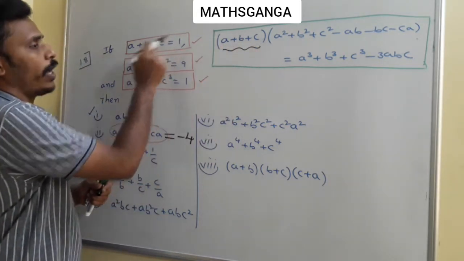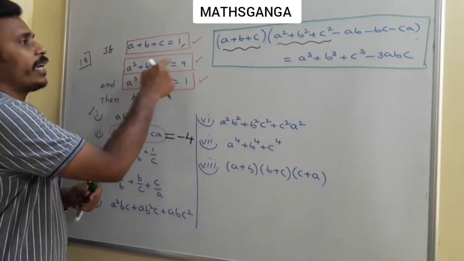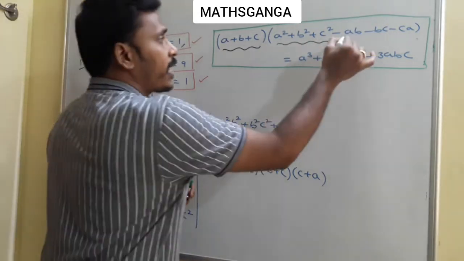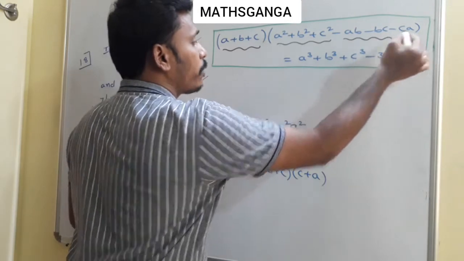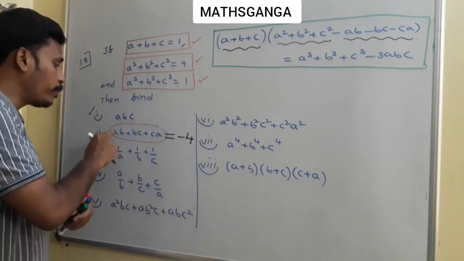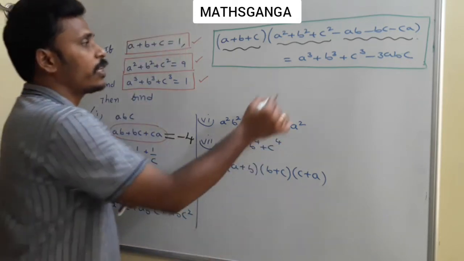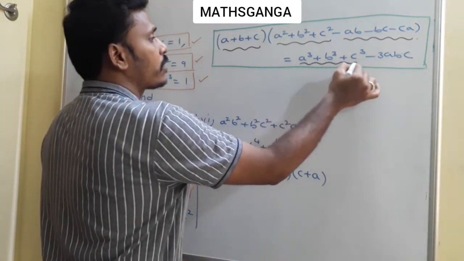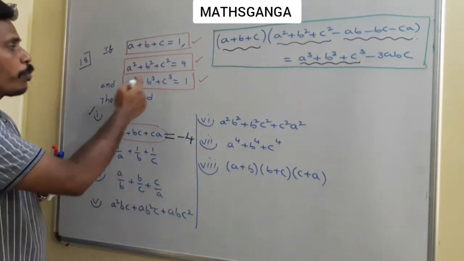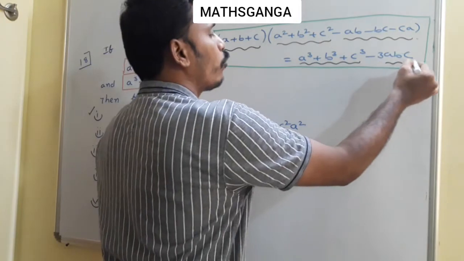Very clear, it is 1. And a square plus b square plus c square is given as 9. On the next 3 terms, minus ab minus bc minus ca, if you take out that minus, ab plus bc plus ca, I have minus 4. Replace it. And the next thing is a cube plus b cube plus c cube, which is also given as 1, and this abc we need to find.